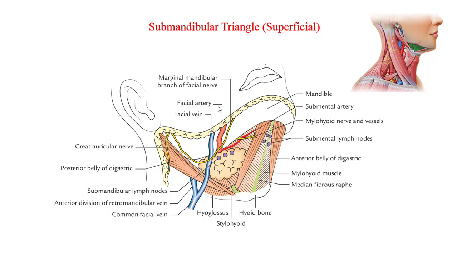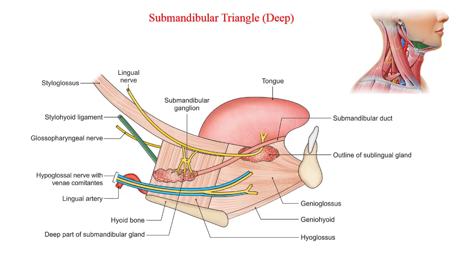The facial artery with its corresponding vein runs through the gland and gives off a branch called the submental artery, which will supply the chin area. The mylohyoid nerve, which arises from the mandibular branch of the trigeminal nerve, innervates the mylohyoid muscle, and the anterior belly of the digastric muscle can also be found in the submandibular triangle.